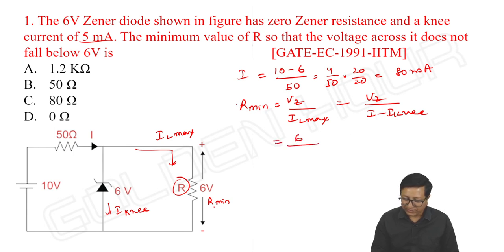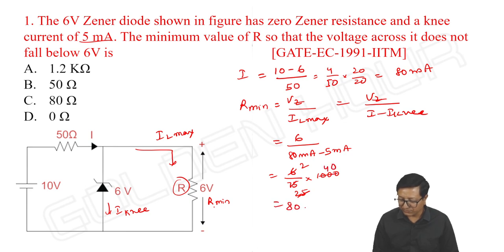VZ is 6 and I is equal to 80 milliampere minus the knee current, which is 5 milliampere. So 6 by 75 into 1000. So 3 2s, 3 25s, 25 40s, it is equal to 80 ohms. Option C is correct. Very simple question.